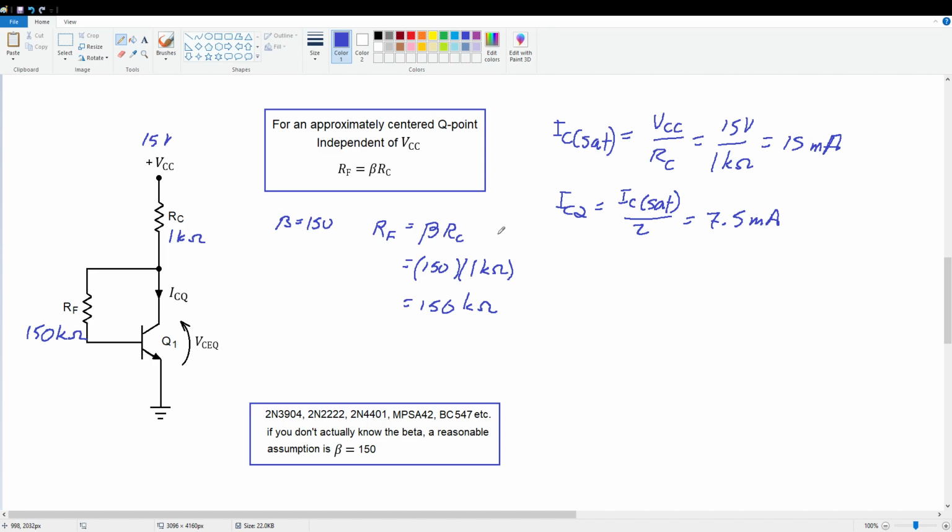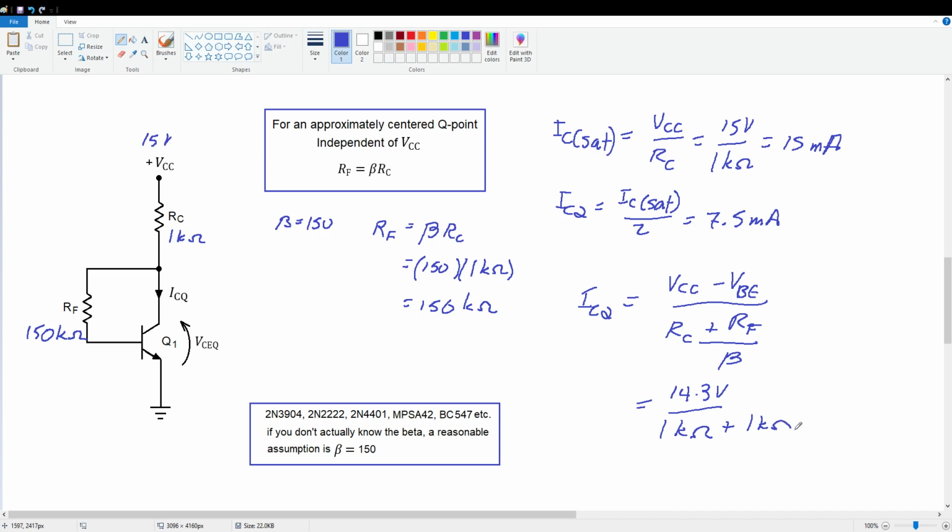What do we get here? Well, ICQ is actually equal to VCC minus VBE divided by RC plus RF over beta. That's 14.3 volts divided by 1K ohm plus 150K divided by 150, which is 1K ohm.